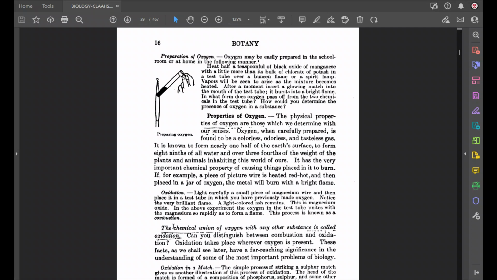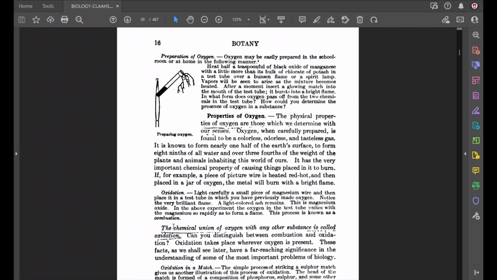All you need to do is put a cover on the candle, and as soon as the oxygen in the candle jar is burned up, the flame will go out because there's no more oxygen. All right? So that's an example of an experiment that allows you to prepare oxygen, to prove that there's actually some element, some chemical present in that vapor that's not just ordinary air. All right, so that's an experiment for the preparation of oxygen.